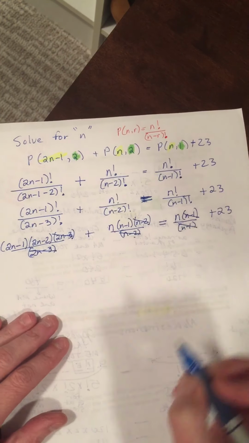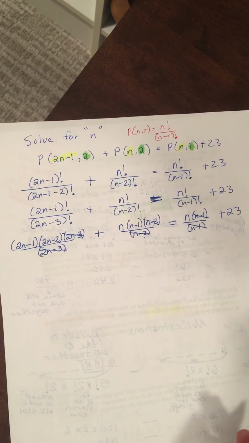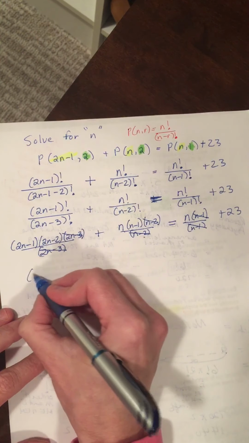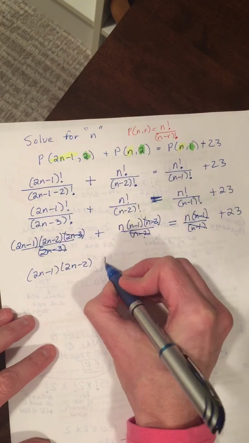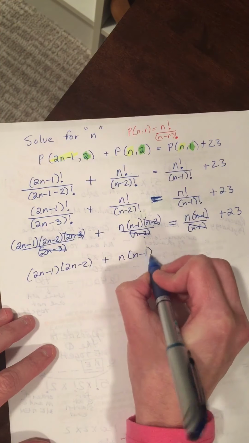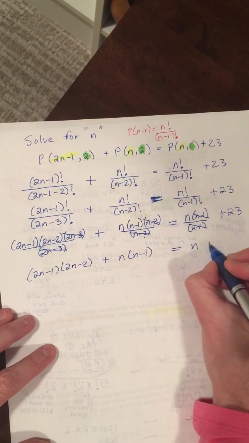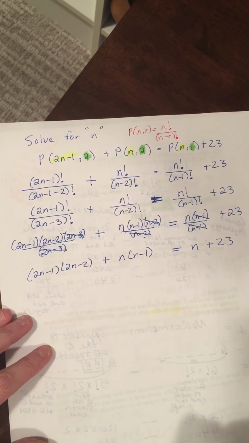So when the canceling has all taken place from your expansion, you're left with 2n minus 1 times 2n minus 2 plus n times n minus 1 equals n plus 23.